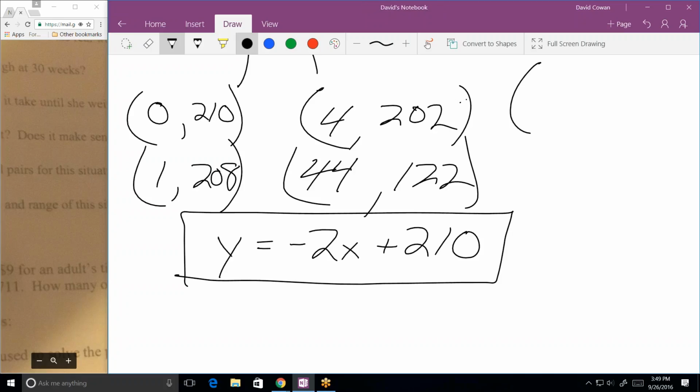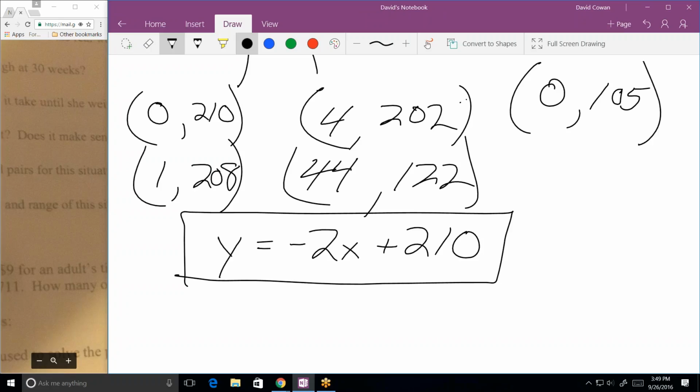And what's the maximum it can be? 105. And that's not even realistic. But it certainly cannot be more than 105 because at 105 weeks, she weighs nothing. There's no way x can be greater than 105.